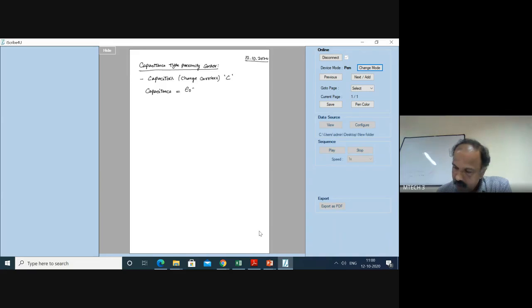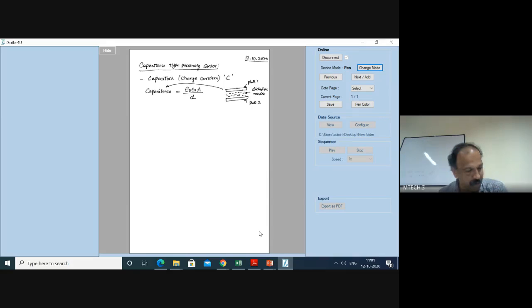Epsilon naught, epsilon r, A divided by D. Now, if we separate two plates, this is plate number 1 and this is plate number 2, by a dielectric media, we can develop capacitance.